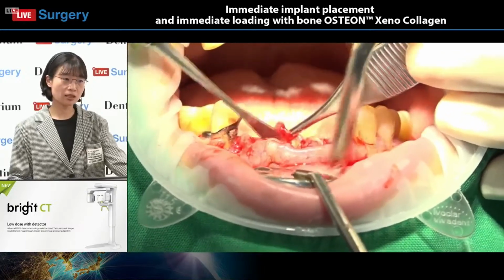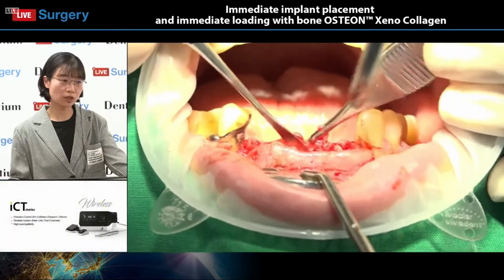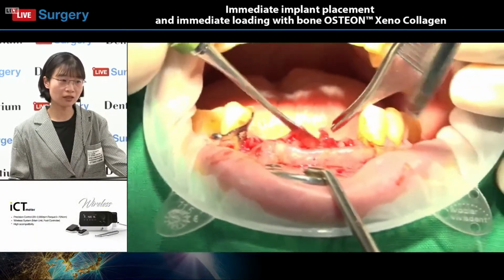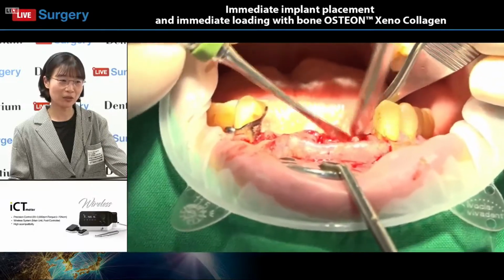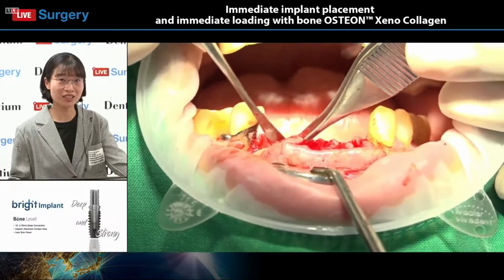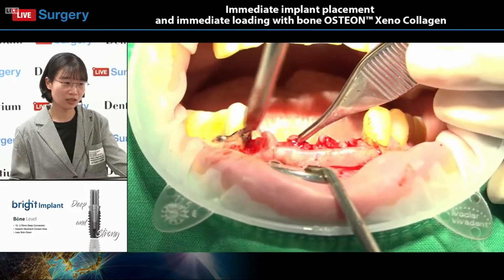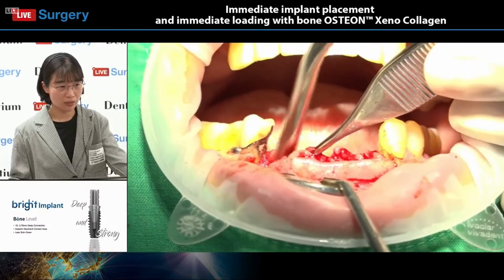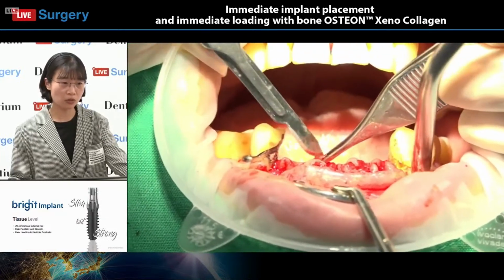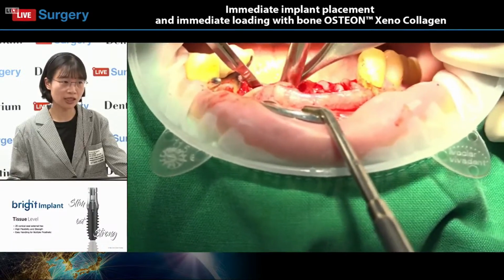So I think that this procedure to remove the granulation tissue is the RDS on the immediate implantation. RDS means the right determination state, right? So now he spent much time to remove the granulation tissue perfectly.